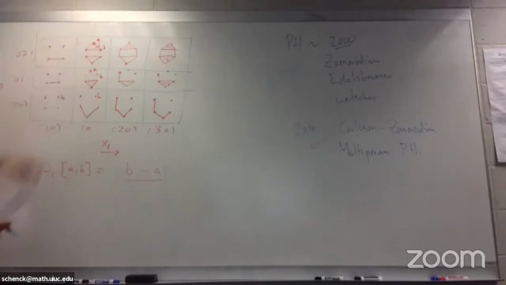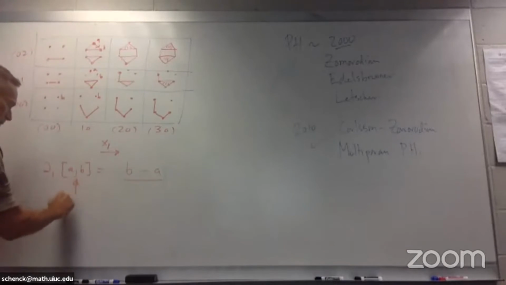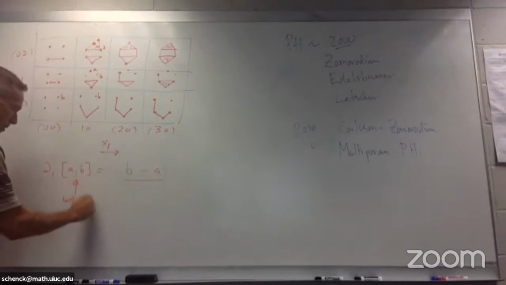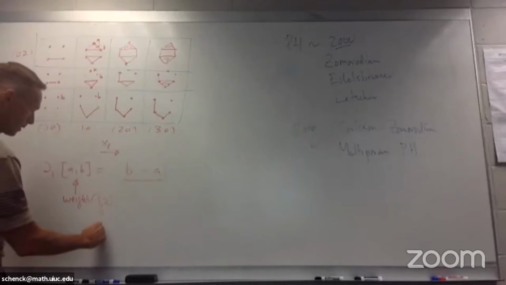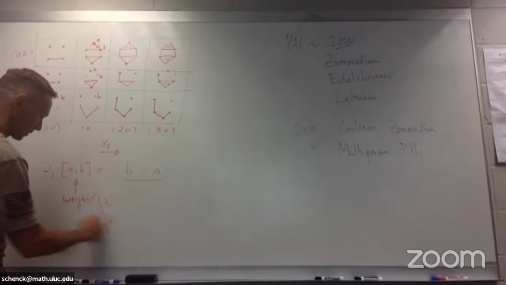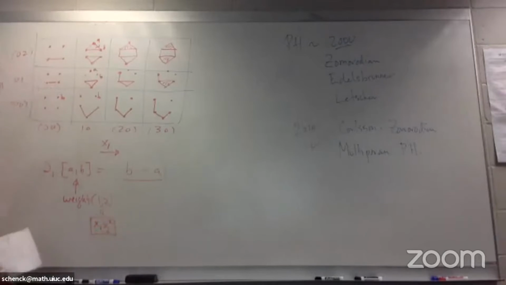This edge appeared right here. So this has weight (1,2), where it first appeared, which I'm going to write as x1 x2 squared. On the other hand, B, this vertex, first appeared over here in degree (0,0).